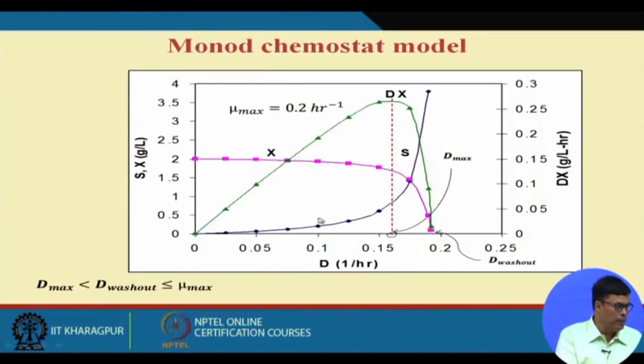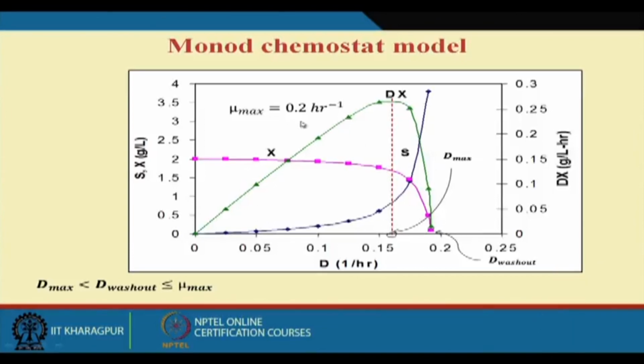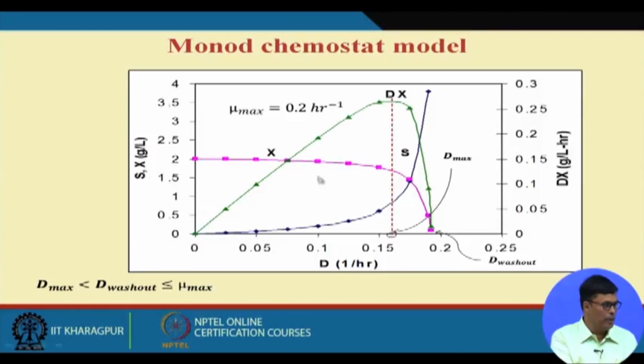Now the schematic that we can explain graphically is like this. This is D versus X, for one particular fermentation process that we have tried, where the mu max value is 0.2. Here you see that your D max is around 0.15, and D washout is less than 0.2.